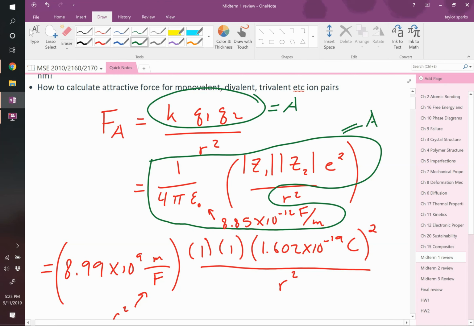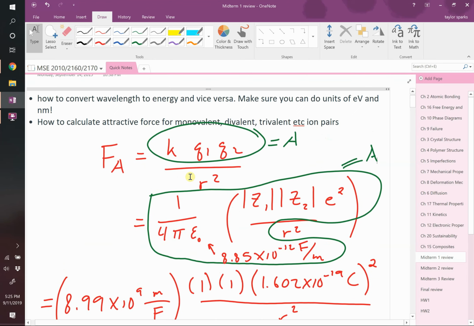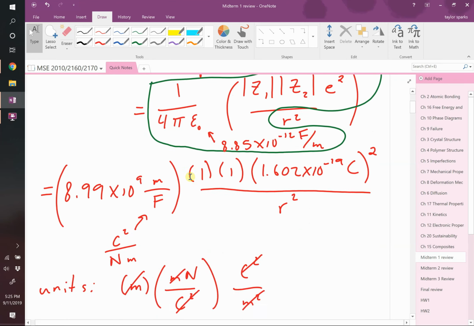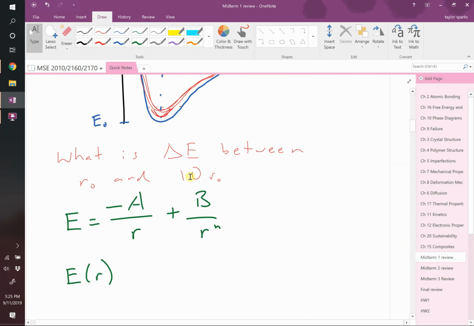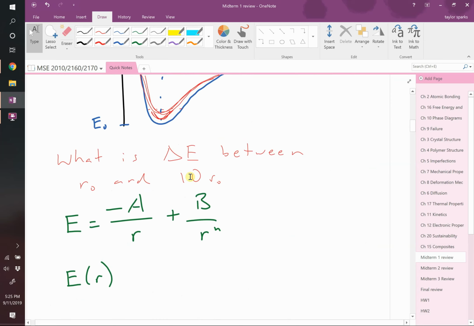We say the constants are A is this, B is that, N is this, and I have you do some geometry. This is where that A comes from. From a physics standpoint, this is what A ought to depend on, just without the R. Well, yeah, because in our expression, remember this is for a force, that's why it's over R squared, and it's a positive term. In energy, we take the integral of that, and that's why it's negative, and it's over R, not R squared. But it's the same exact A.